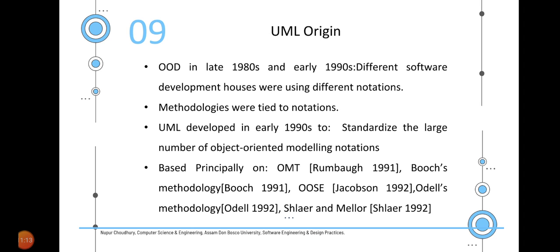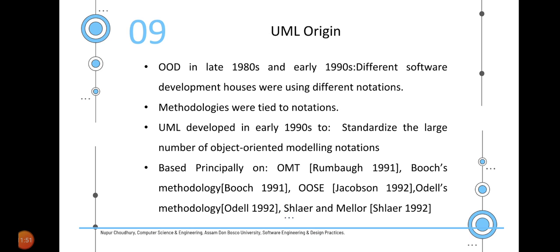Depending on these notations, methodologies evolved, and somewhere around the 1990s, this large number of object oriented modeling notations were standardized, because if many firms are using different methodologies, it is difficult for the developers to take guidance as to which particular methodology to use. So there was a strict need for standardization, and in the 1990s this was standardized.